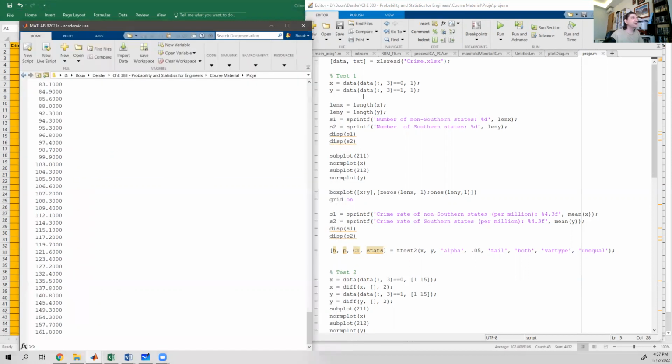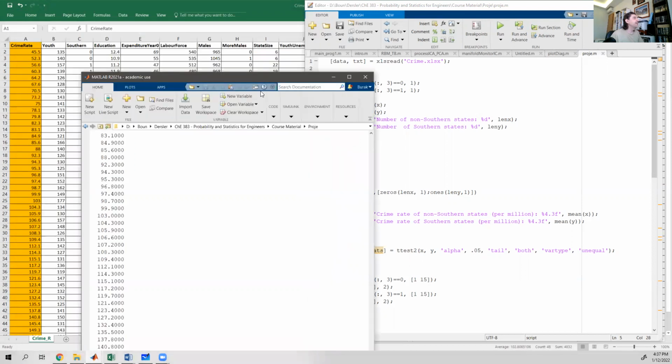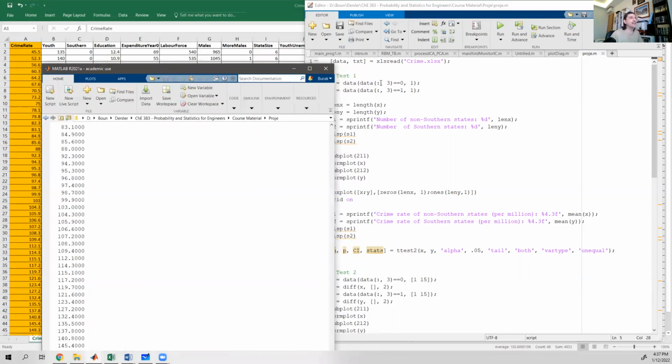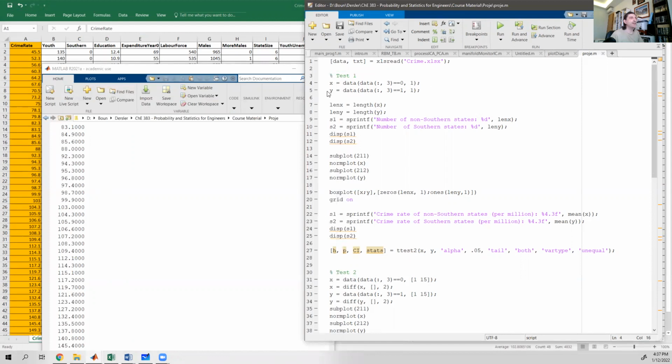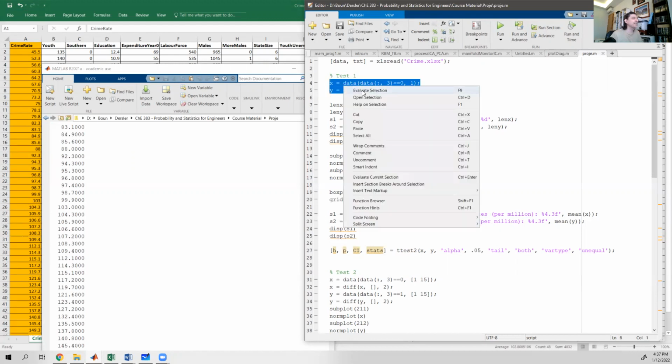So X will correspond to crime rates for the north states, or the non-southern states, and Y will correspond to the crime rates for the southern states. Actually, it's a bit difficult to say the whole thing again and again. All right, let's take that.